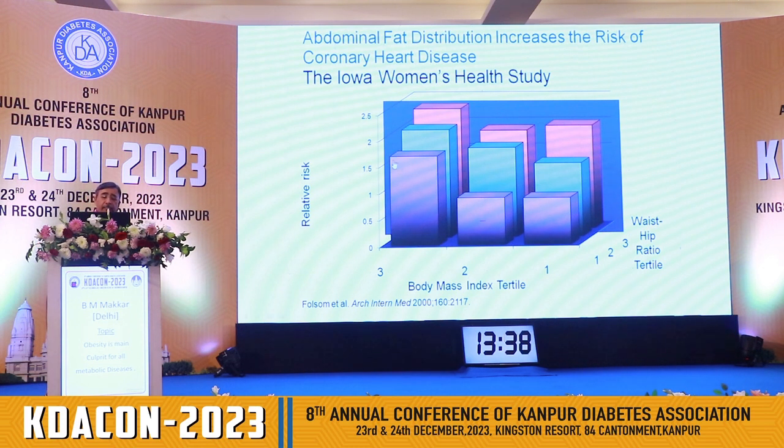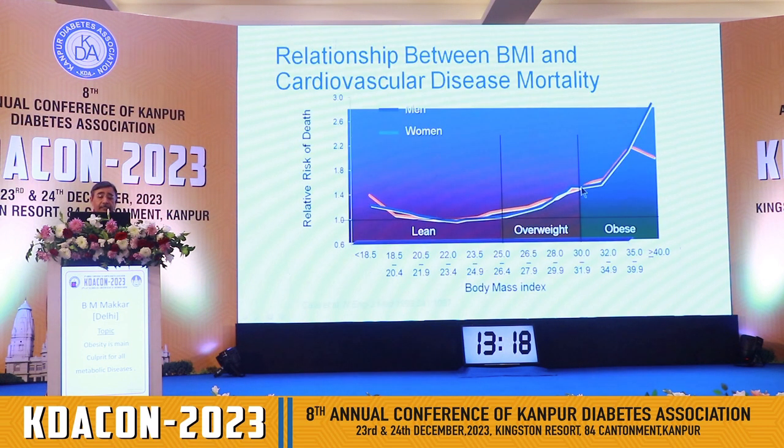If you look at it, the risk in women who had high BMI and low central obesity was lower than those who had high central obesity and low BMI. So central obesity contributes significantly to the increased risk of developing coronary artery disease.